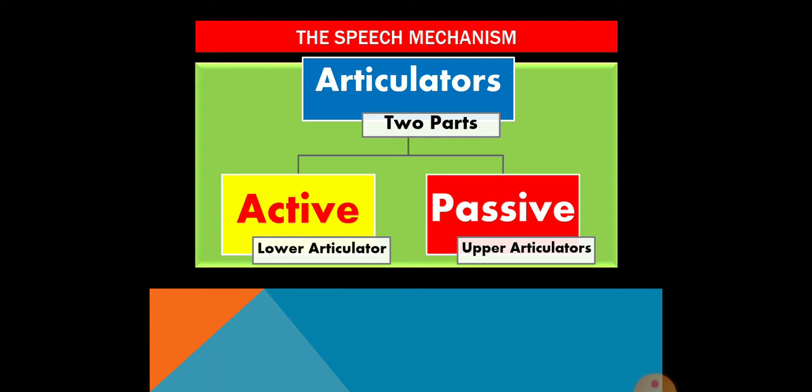See the examples: upper lip, teeth, hard palate, etc. Again, passive articulators are also called upper articulators because they are always on the upper side in the mouth of the jaw. That's why we call them upper articulators.